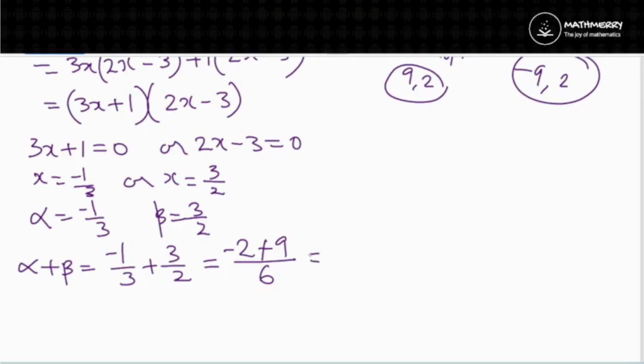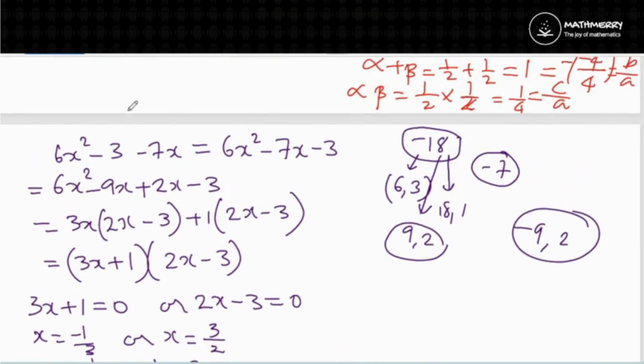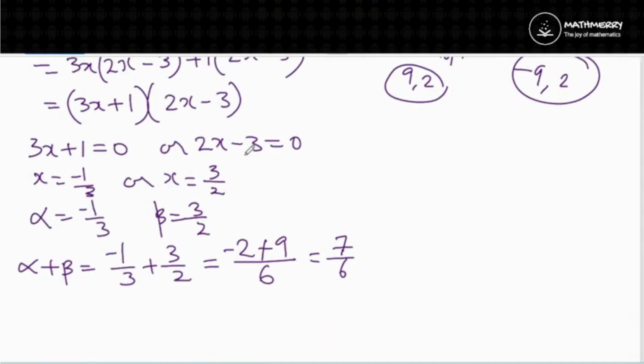So this will become 7 by 6. Now let's look here. Minus b by a. B we have minus 7 and a we have 6. So this is same as minus of minus 7 by 6. Okay, so this is same as minus b by a.